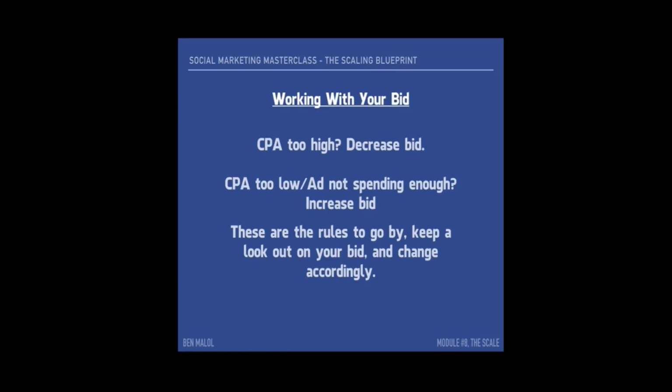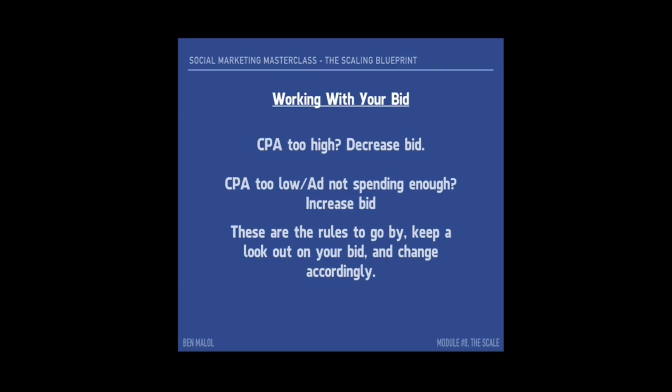So if the CPA is too low, or the ad is not spending enough, you increase the bid. Decreasing the bid makes the ad spend less, which means the CPA will be lower. Increasing the bid will make the ad spend more, which means your CPA will be higher, which is not a bad thing. Higher CPA sometimes is a good thing if the ad is not spending enough.